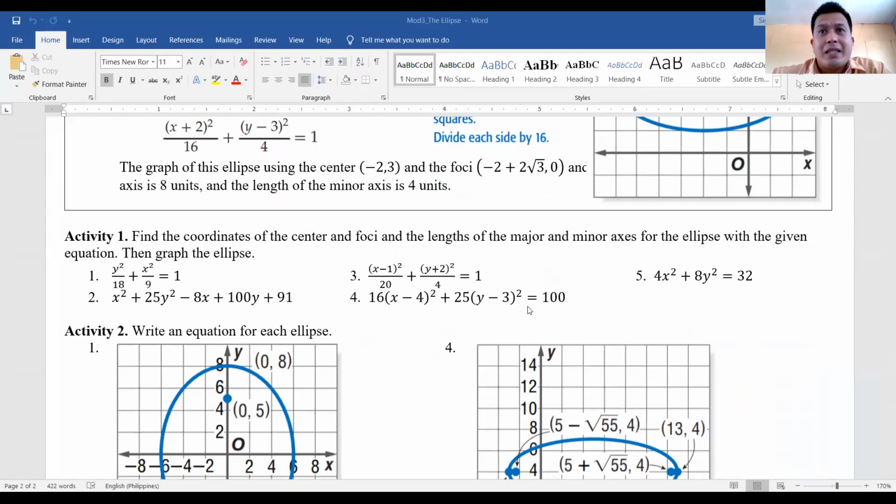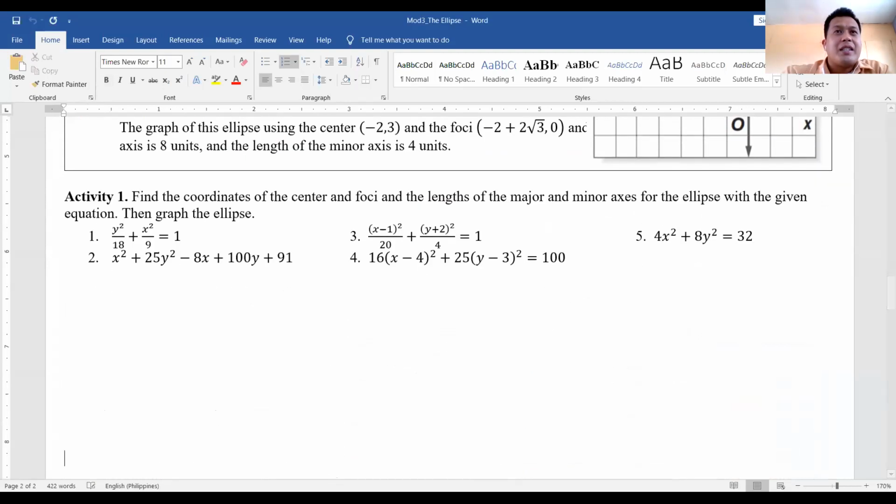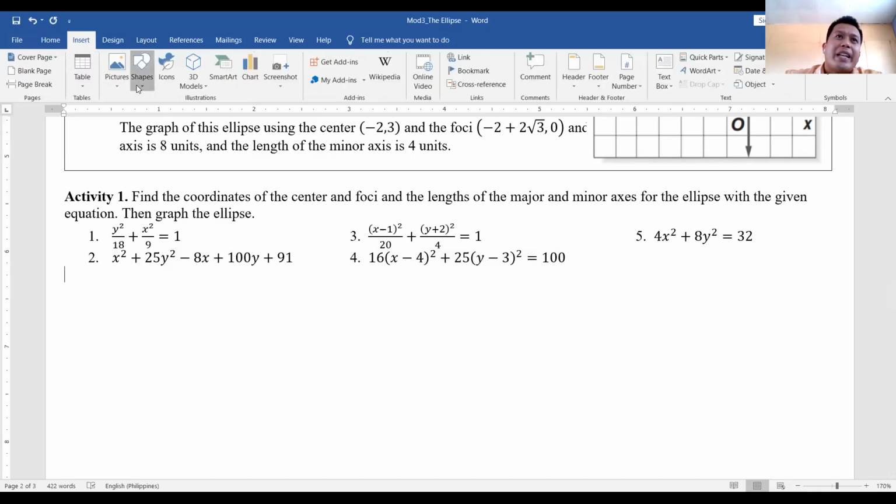Let's have number 2, class, of this problem. So in number 2, class, we have here, find the coordinates of the center, the foci, and the lengths of the major and the minor axis for the ellipse with the given equation. So if you are going to find the values of your A, B, and C, we need that the given is like this, diba?